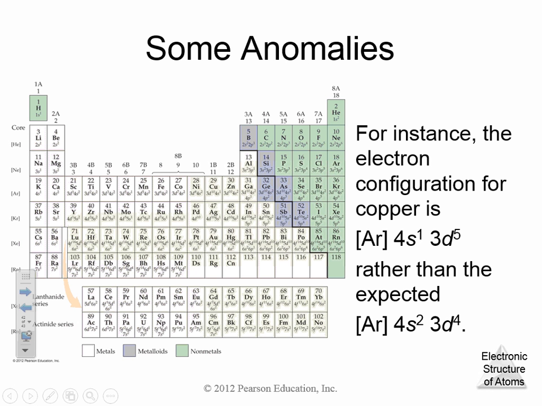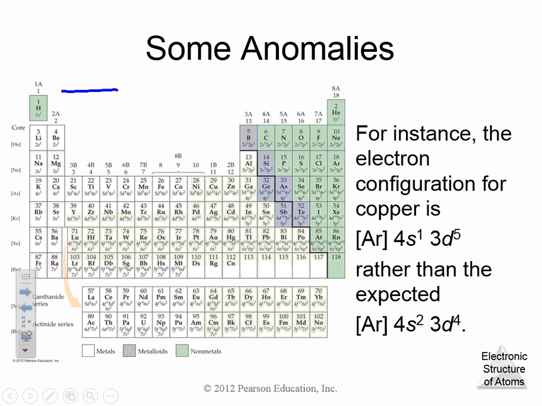Well, it happens for a couple of reasons. The first reason is this. The 4s and 3d energy levels are very, very close to one another. So the S and D energy levels are very close to one another. Now, Hund's rule states that each orbital wants to have one electron in its outer shell.